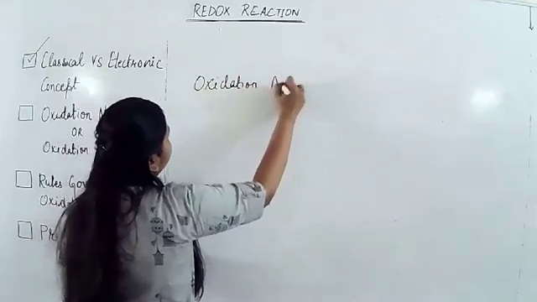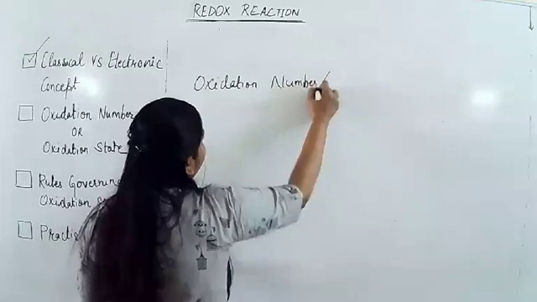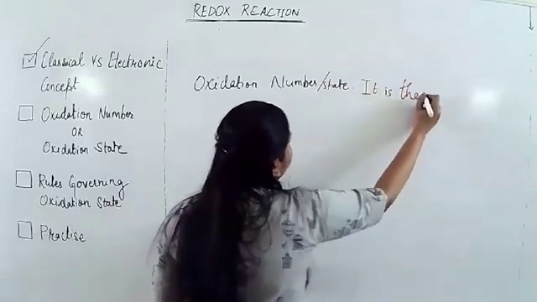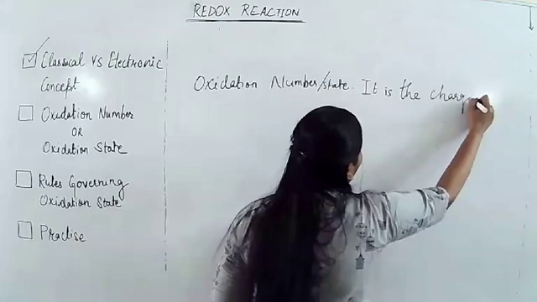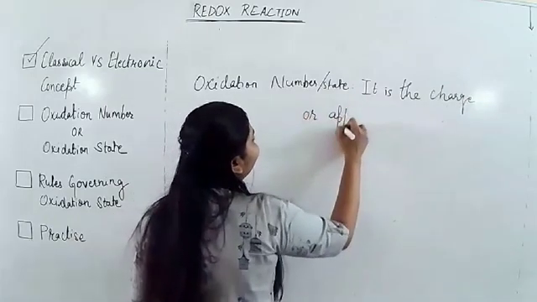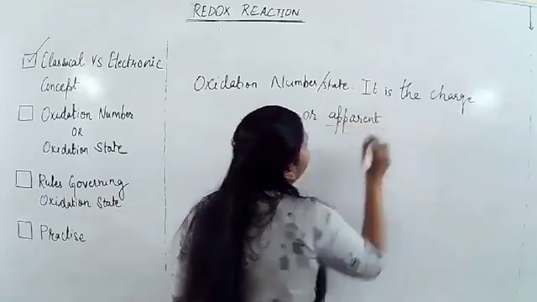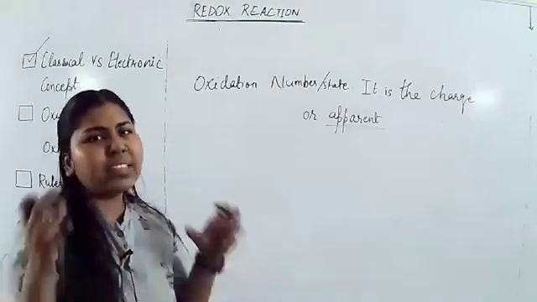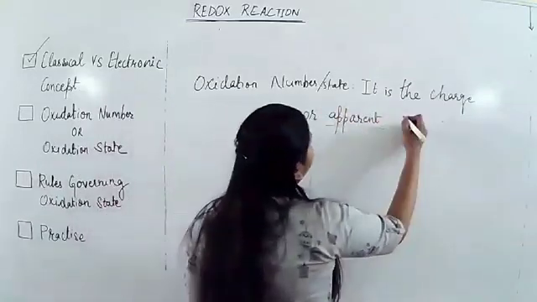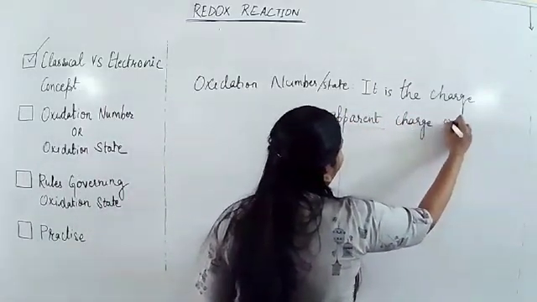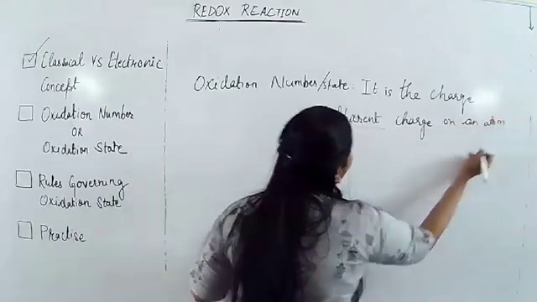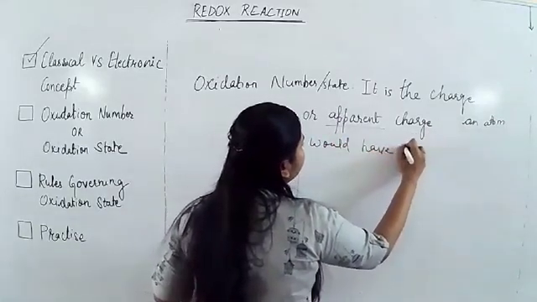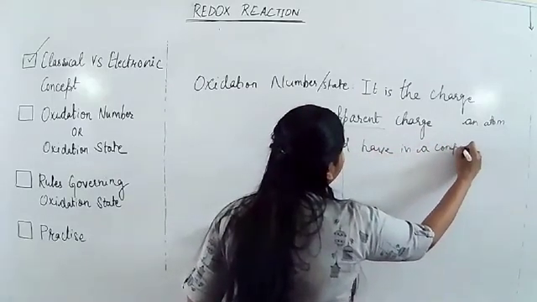Oxidation number, or we can call it oxidation state also, the same thing, is the charge or apparent charge on an atom, or we can say an atom would have in a compound. Why are we using this word apparent? Because for some covalent bonds, coordinate bonds, we don't have a proper charge, there is no proper, complete transfer of electrons, it is just apparent.